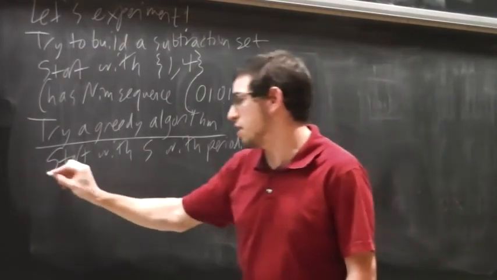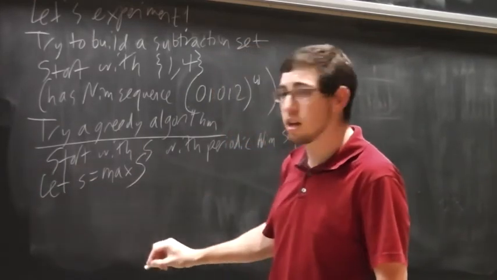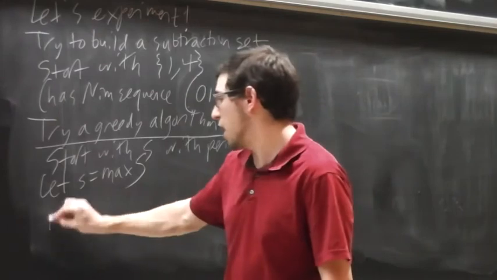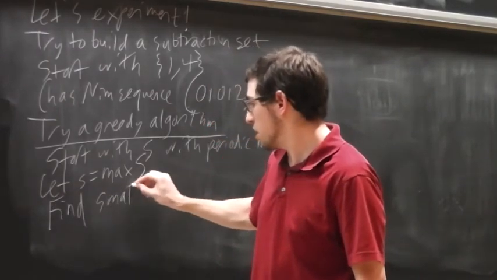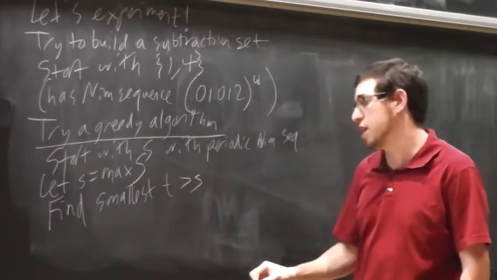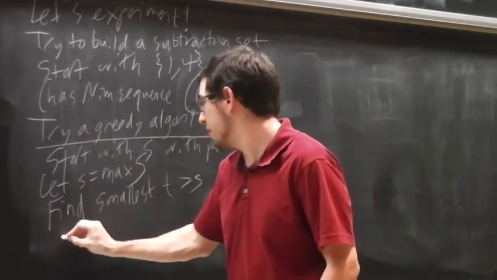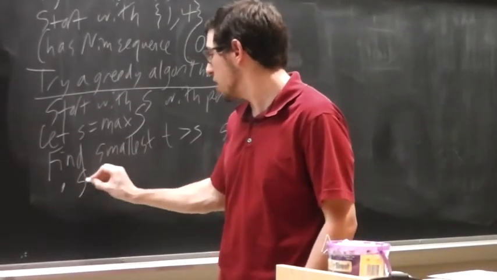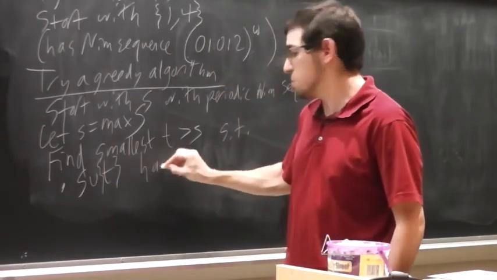And then we're going to let little s be the maximum of big S. And we're going to find the smallest t larger than little s, such that a few things happen. S union t has periodic nim sequence.